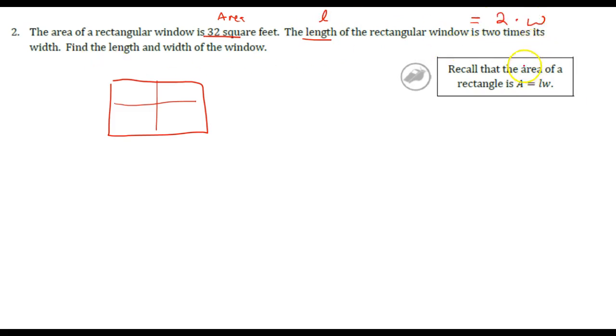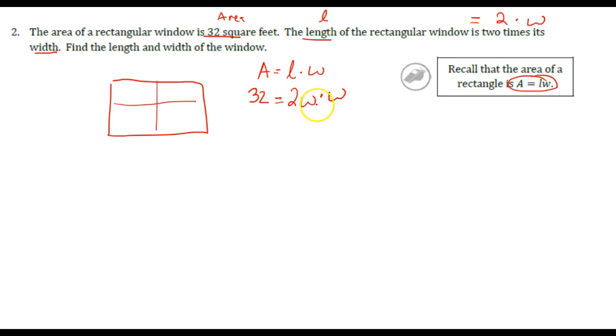Again, they give me area of a rectangle, which I like because sometimes we forget, right? It's nice to have that as a reference. Area is 32. My length is 2w times my width, which we don't know, so we're going to write it as w.